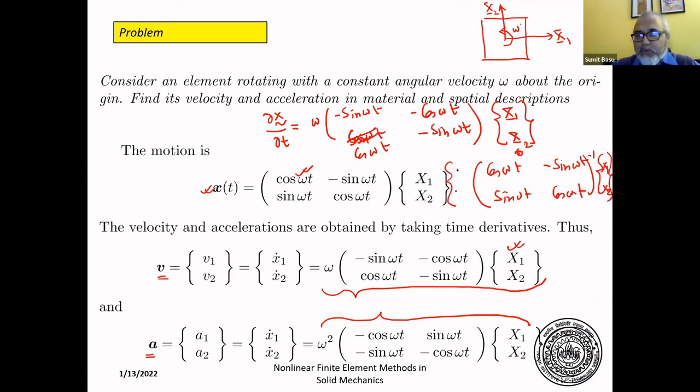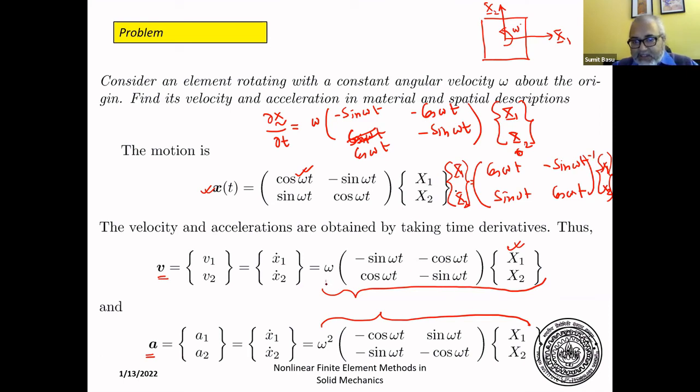That will be equal to capital X1, capital X2. Right? And when you do that, you have to remember that this is a proper orthogonal tensor. This is just a rotation. Therefore, its inverse is its transpose. So you just transpose this matrix and you get its inverse. That's what I have done.